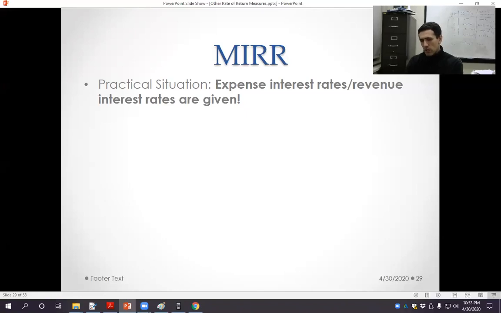Let's say you don't have money for the project and you have to borrow to get money for it. Now, let's say to finance the expenses that you need in your cash flow, you want to invest right now.